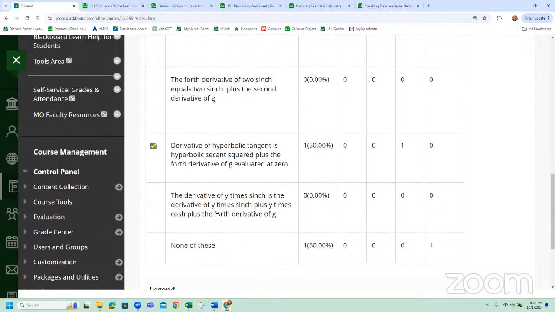Do you see what it says? The fourth what? Derivative. Yeah, it's the fourth derivative of g evaluated at 0. So it's the derivative of the hyperbolic tangent is equal to the hyperbolic secant squared plus the fourth derivative of g evaluated at 0.